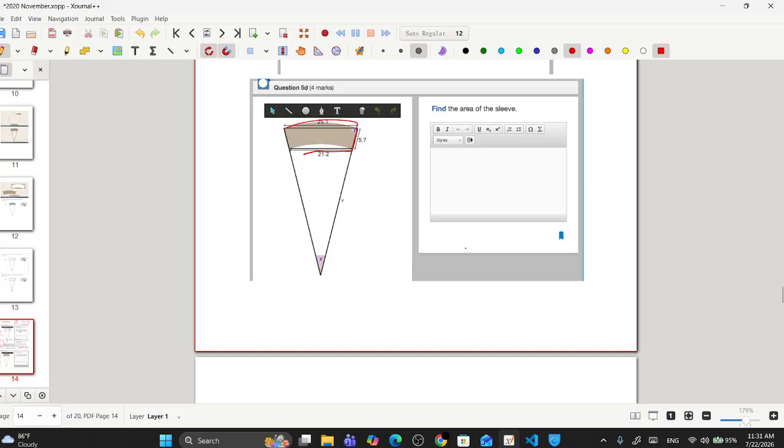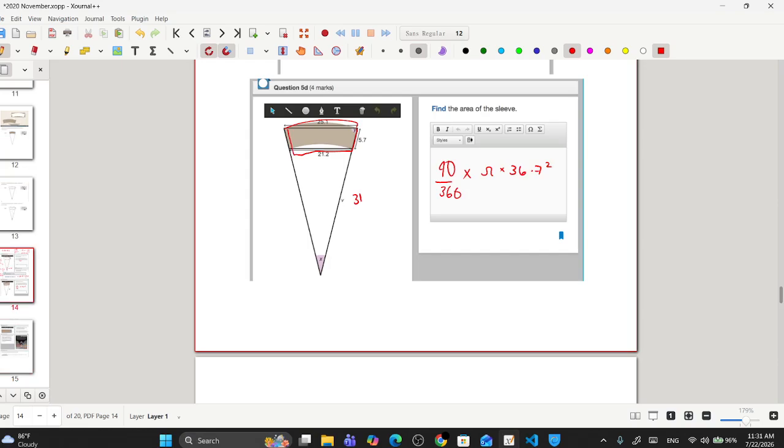Now, in order to find the area of the sleeve, I know that the entire length, this length V, is what we calculated, roughly 31. Let's find the area of this entire region. So that becomes pi multiplied by 36.7 squared. But once again, this is just a sector of it. So that becomes basically 40 over 360 multiplied by pi multiplied by 36.7 squared.